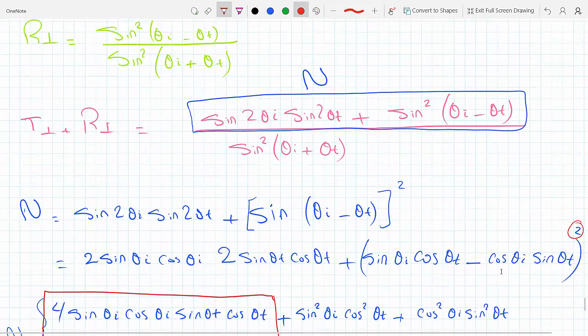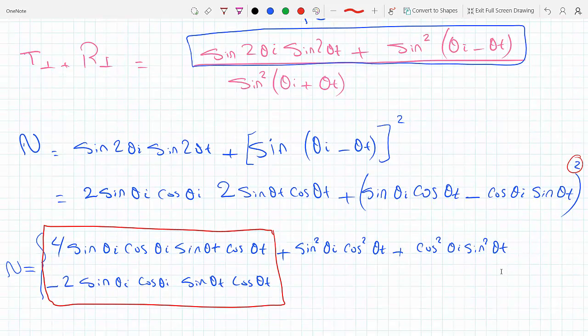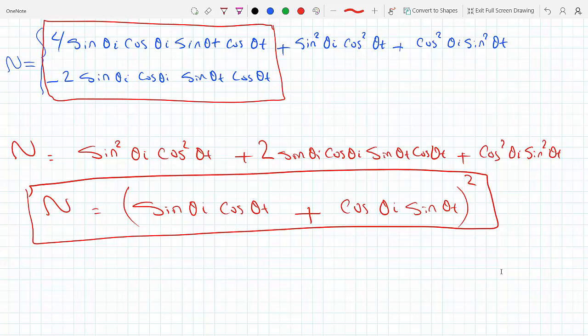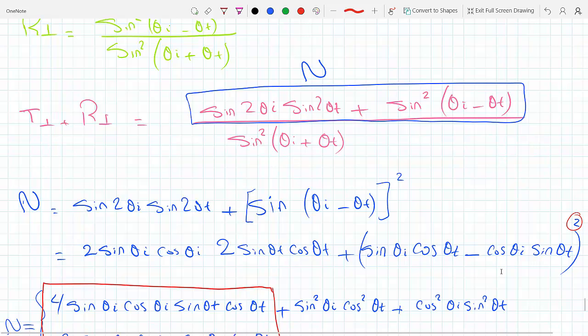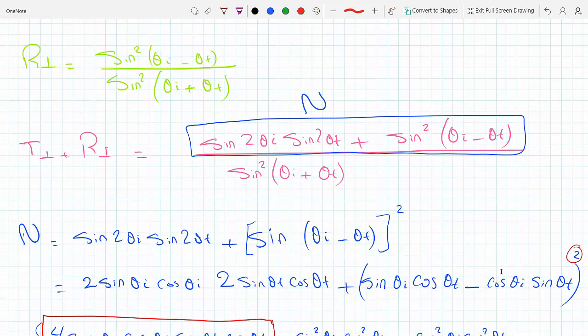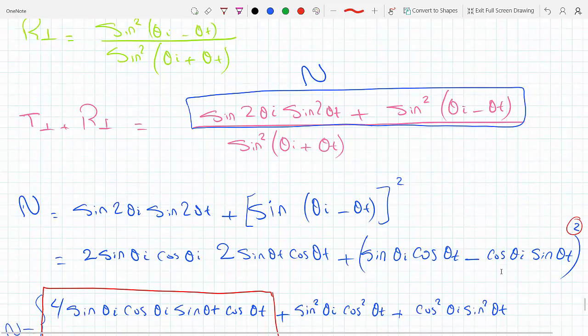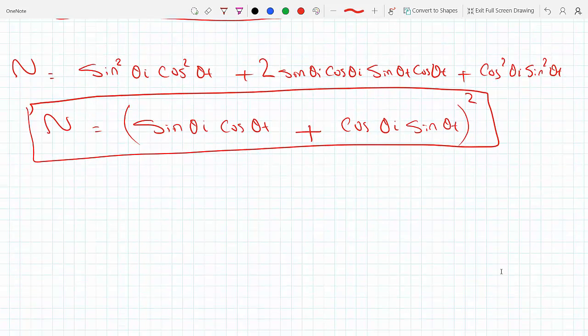And if we look at the denominator, right, so what is this?